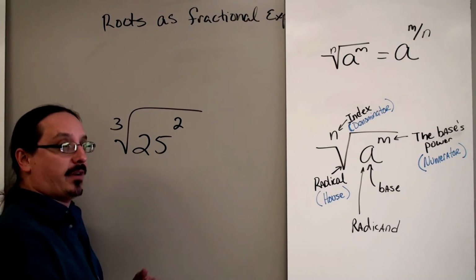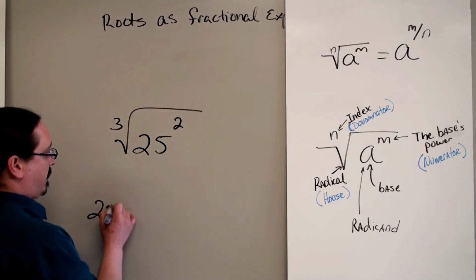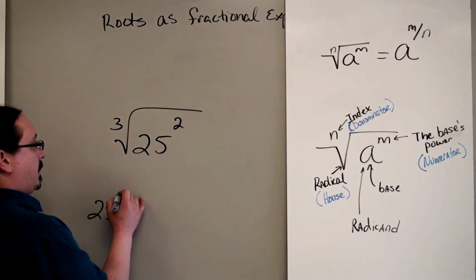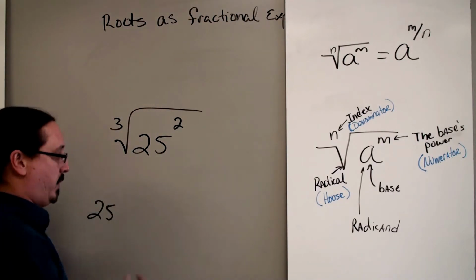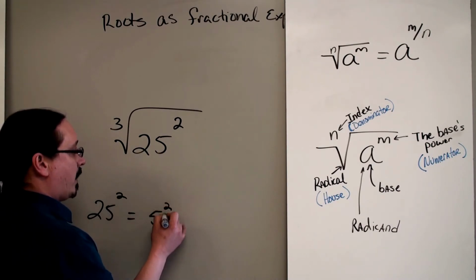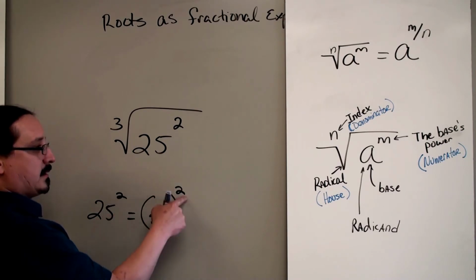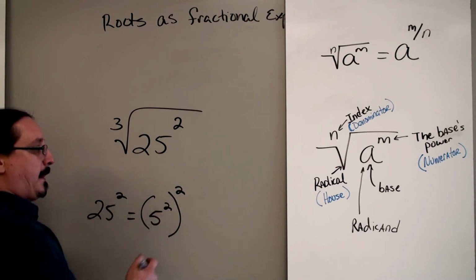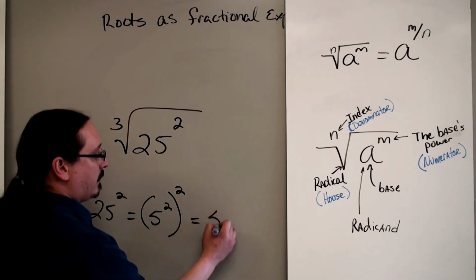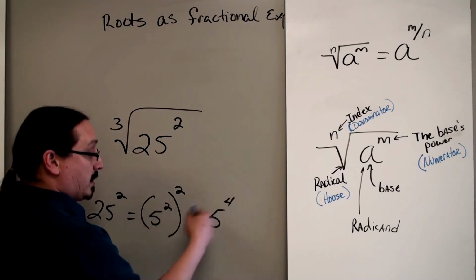25 is already 5 squared. So let's write that here. The whole 25 is being squared. But 25 is already 5 squared, and then this whole thing is being squared. That's what that square is, right? So this is actually 5 to the 4th power, because it's 2 times 2.